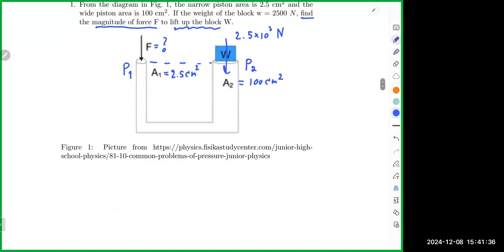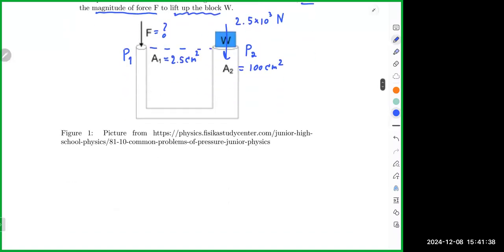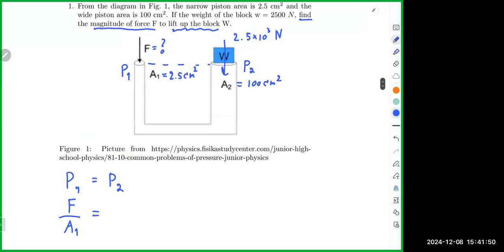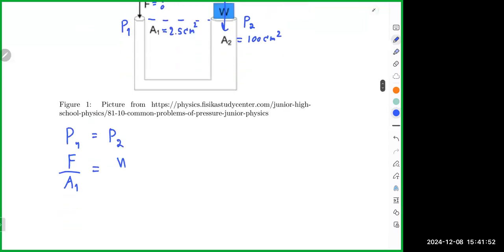P1 equals P2. P1 is the ratio of the force and A1, while P2 is the ratio of the weight by A2. To find F, F is A1 over A2 times the weight.